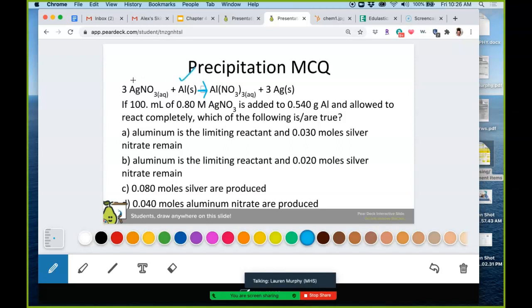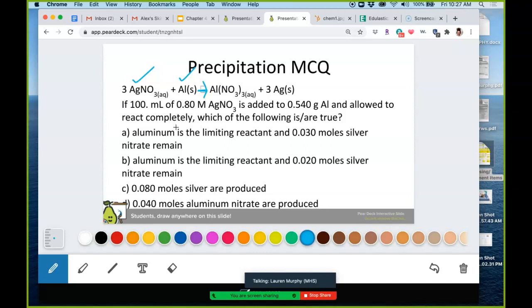So you have both reactants, which is your hint that it's a limiting reactant problem. And they want to know what's true. So in order to figure out what's true with all of these answers, we need to start doing the math. So we need to get into moles of each substance before we can even answer any of these questions.